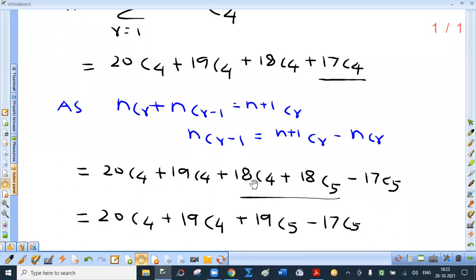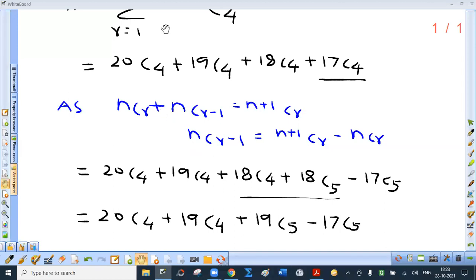Okay. Now, I have underlined these two terms. The only thing is I have not rearranged the terms. I will be using which result? See the cursor, this result: nCr plus nCr minus 1 is n plus 1 Cr. And therefore, I have written n plus 1 means 19C5. Now use this result repeatedly.